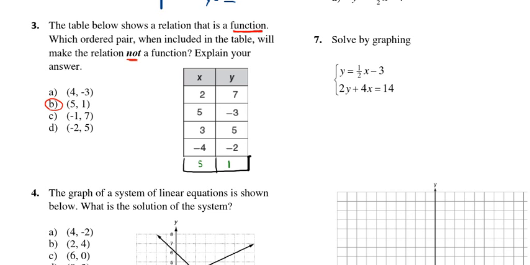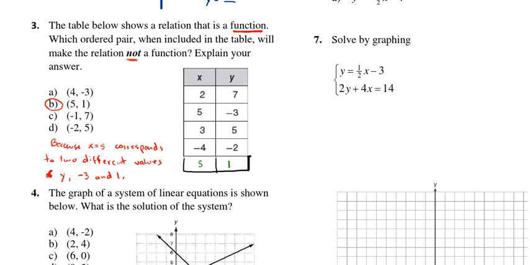Because x equal to 5 corresponds to two different values of y, which are negative 3 and 1.